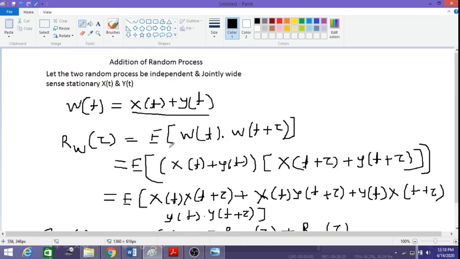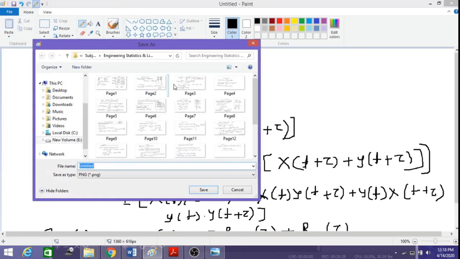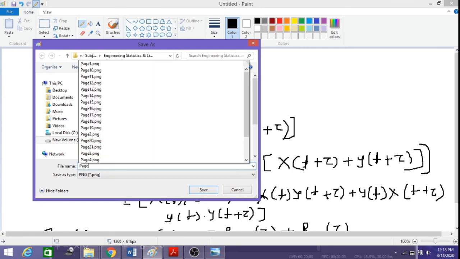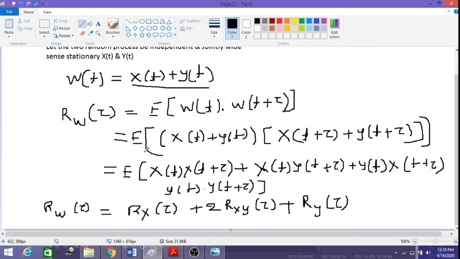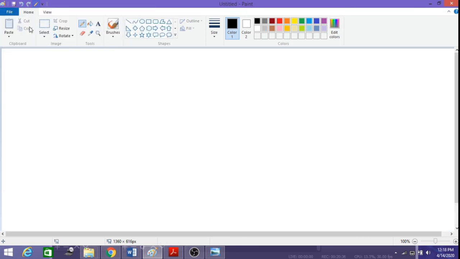So let me save this page here. This is page 22, and let me take a new page here. If we take the cross correlation function, by definition Rxy of tau is equal to Ryx of tau, which is nothing but the mean of x with the mean of y.